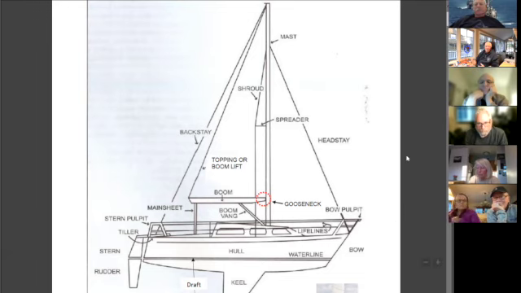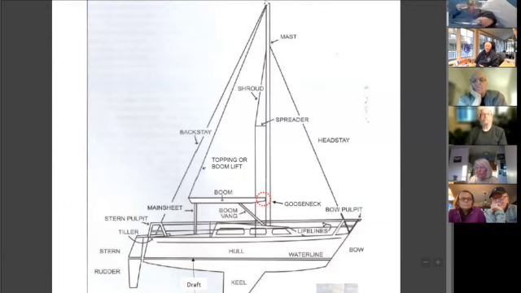The one thing that I wanted to point out on the very first one is the draft is from the waterline to the keel. It was pointed out to me that I forgot the other term called air draft, which is from the waterline to the very topmost part of the boat that you're on. Of course, in a sailboat, it's probably going to be the top of the mast, or whatever's on the top of the mast.